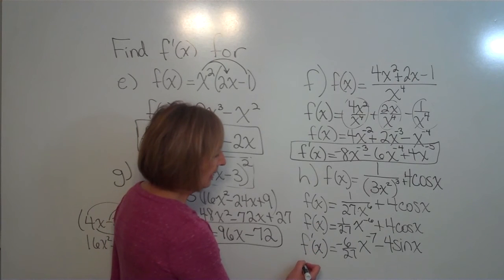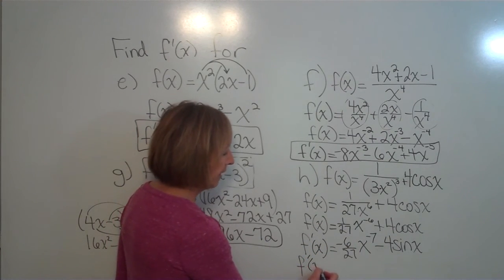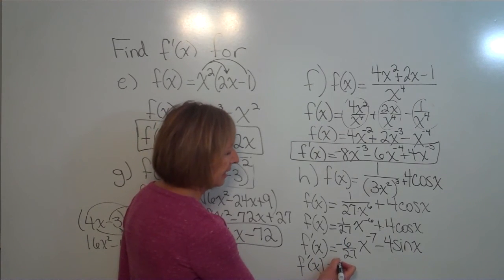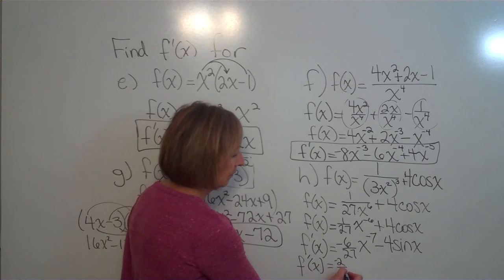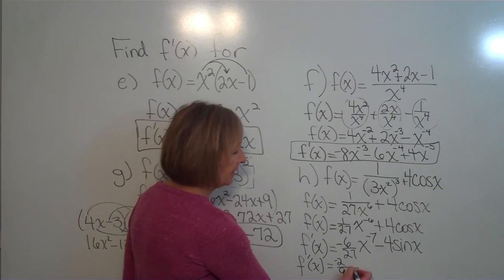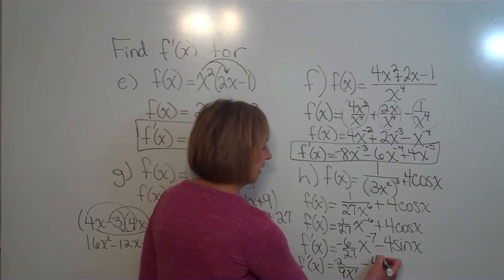And then lastly, if I were writing it simplified and without negative exponents, f prime of x would be, common factor of 3 top and bottom, negative 2/9. And then that x to the negative 7 becomes an x to the positive 7 in the denominator, and then minus my 4 sine x.